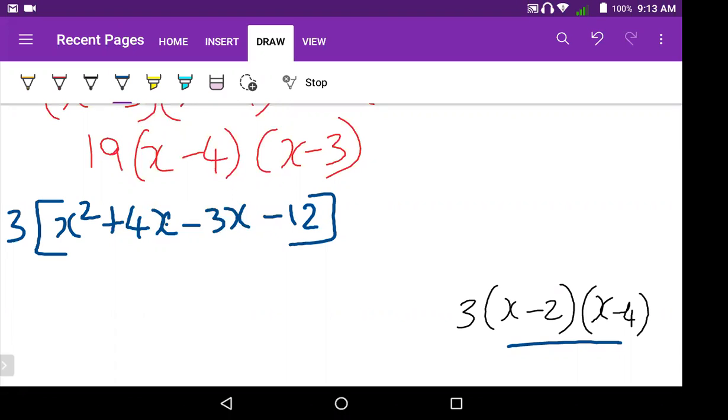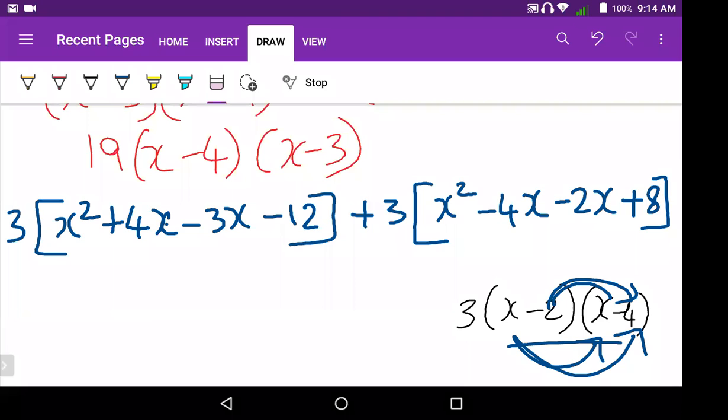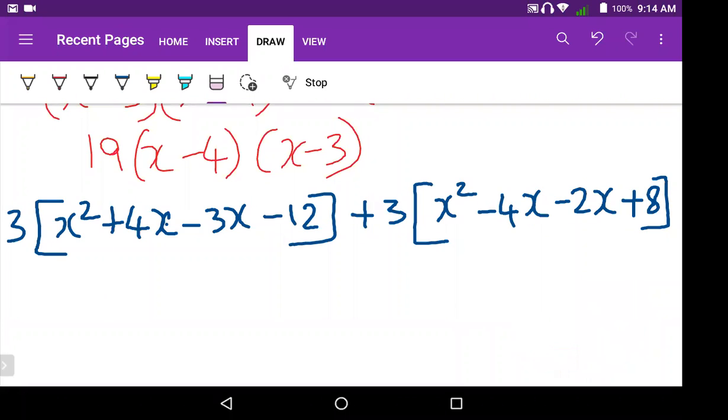So again I will write it as plus 3 into x is x square, x into minus 4 is minus 4x, minus 2 into x is minus 2x, minus 2 into minus 4 is 4 twos are 8, minus into minus is plus, so plus 8. Okay, so this is the second expression that we have derived.